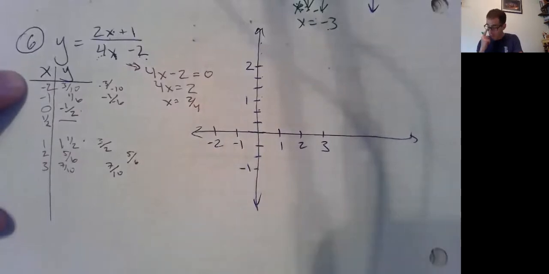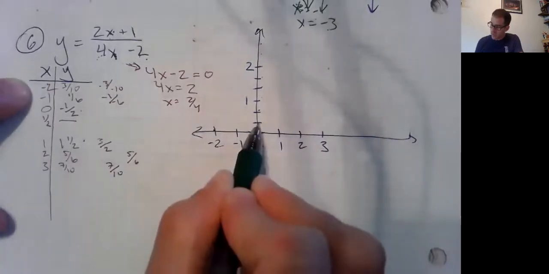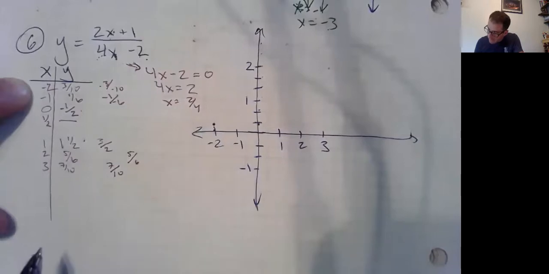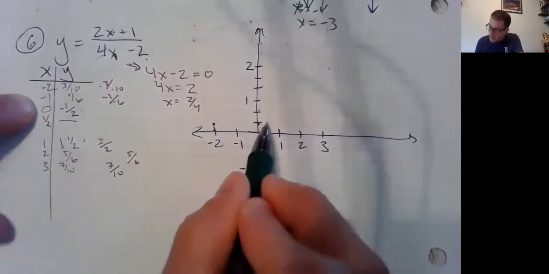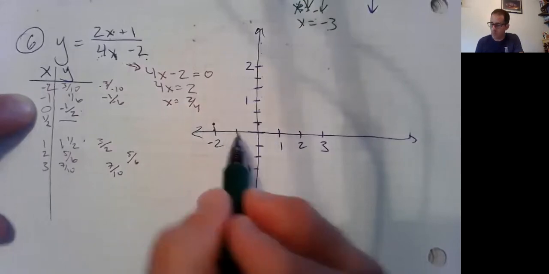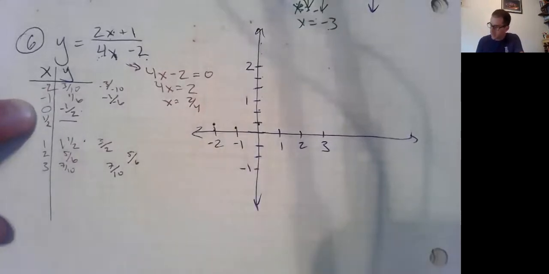-2, 3/10. So -2. Now, if this is a third, that's 0.3 repeating. So 3/10 is just 0.3. That's kind of just right underneath there. -1, 1/6. Well, wait. If this is 1/3, 1/6 would be then halfway between 0 and a third.